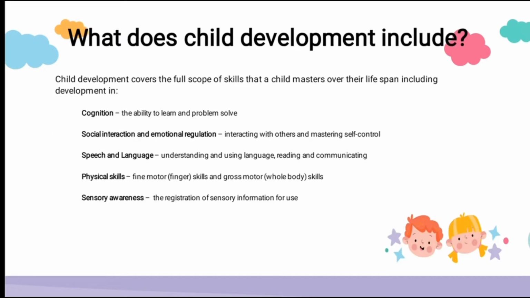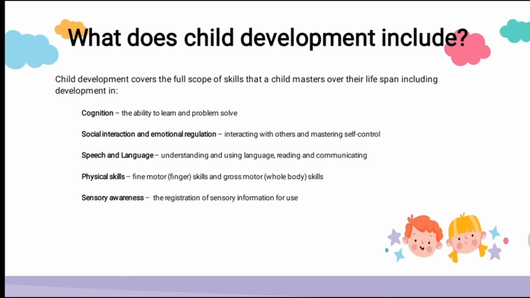So what does child development include? Child development covers the full scope of skills that a child masters over their lifespan, including development in cognition, social interaction and emotional regulation, speech and language, physical skills, and sensory awareness. Cognition is the ability of a child to learn and solve problems.